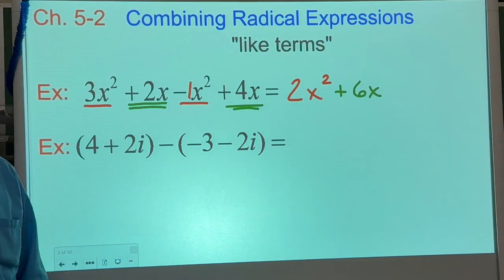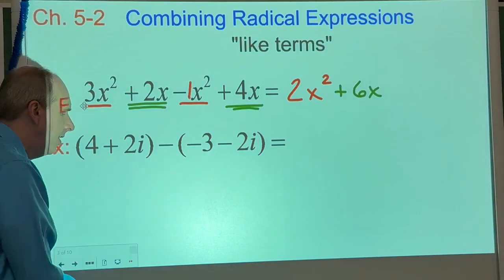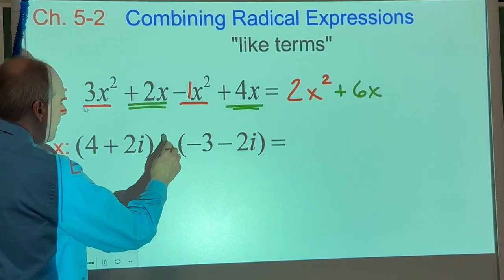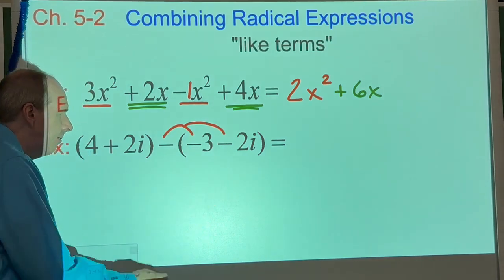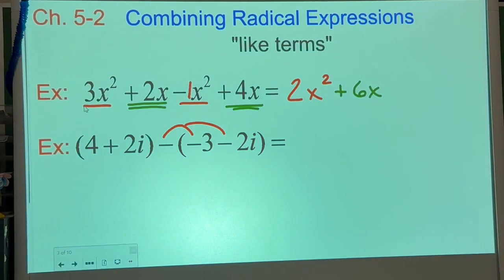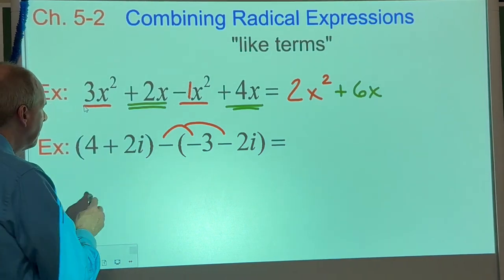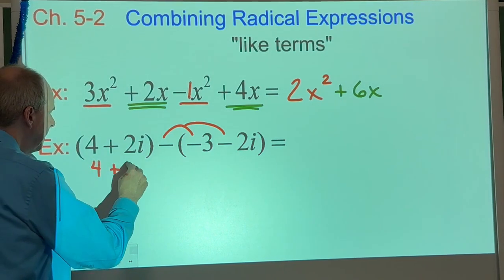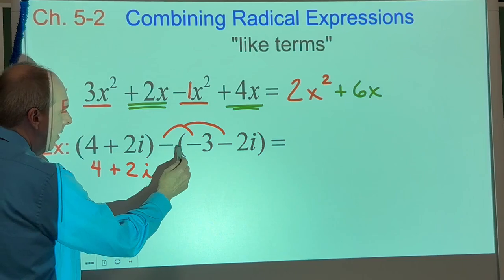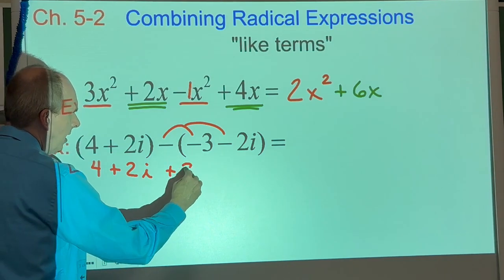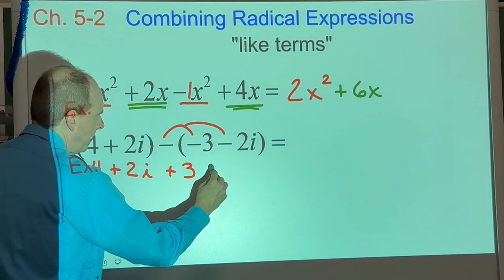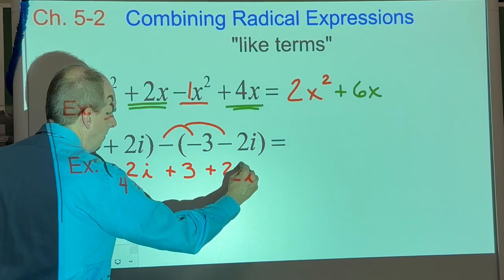Well, we saw how to do this with imaginary numbers too. When we have a complex number minus another complex number, the first thing we did is we distributed our negative, or whatever number might be in front, using our distributive property. So rewriting it without the parentheses: 4 plus 2i minus 3, two negatives make a positive, and then minus 2i, two negatives make a positive.